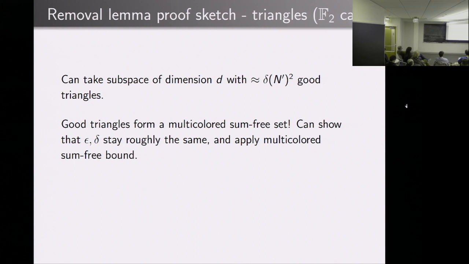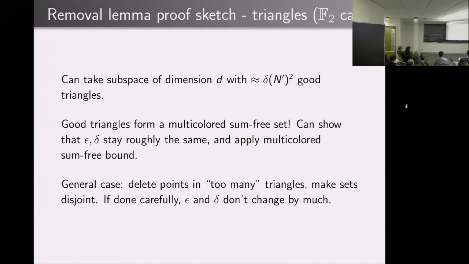This isn't how it's written in the paper, but this is what's going on there. We can apply the multicolored sum free bounds to get the bounds on epsilon and delta that we want. And then in the general case, you can delete points that are in too many triangles, and then we can make the sets disjoint. We do this carefully, and epsilon and delta will not change significantly. And so this gets the proof.